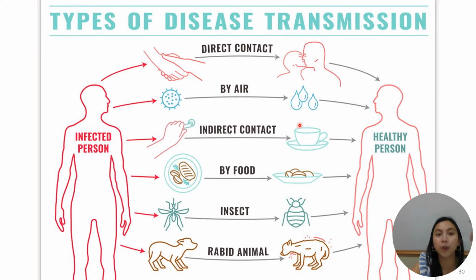Another one is through indirect contact. You might probably have held onto something that is very dirty, and then your hands were touching your utensils, so you're also able to get those types of parasitic infection.